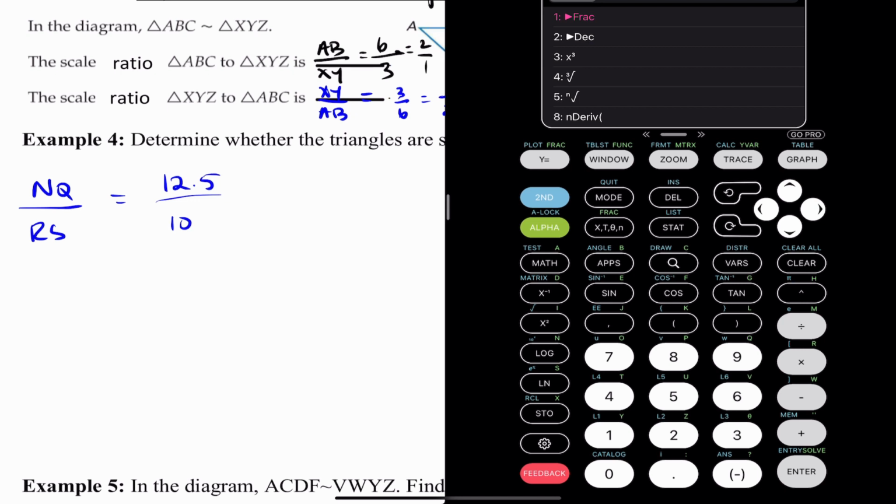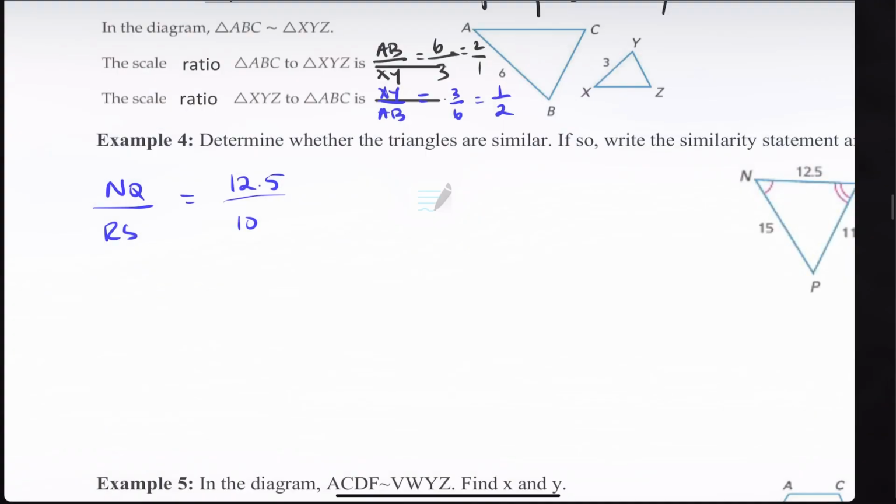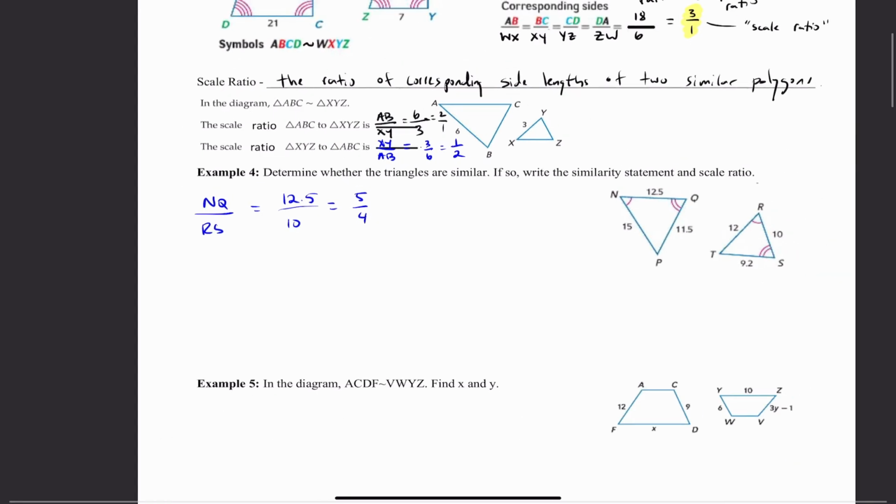You're going to click on the first one or highlight the first one and press enter twice. And that should convert from a decimal to a fraction. And that decimal is going to turn into a simplified fraction. That's what you want. So you don't have to figure out what number goes into 12.5 and 10 at the same time. You can use it with your calculator. So 12.5 over 10 simplifies to 5/4, okay?